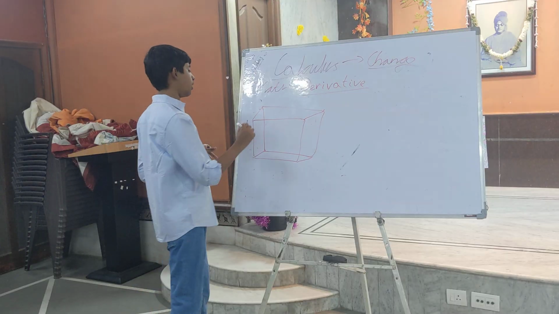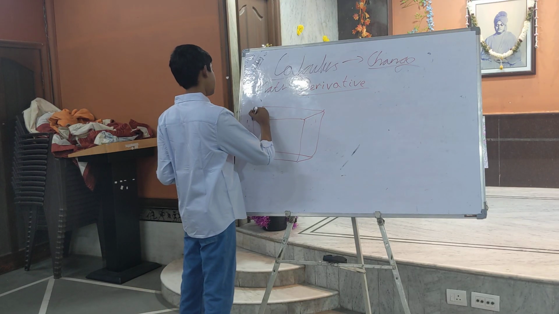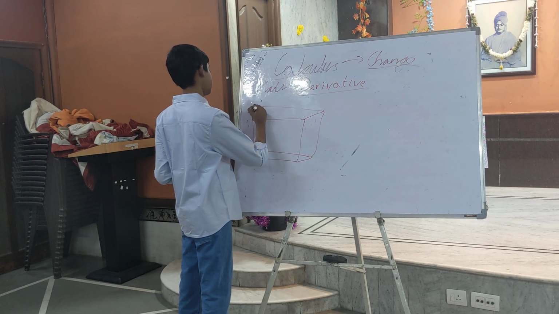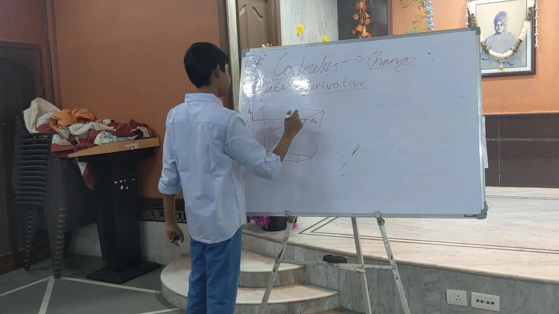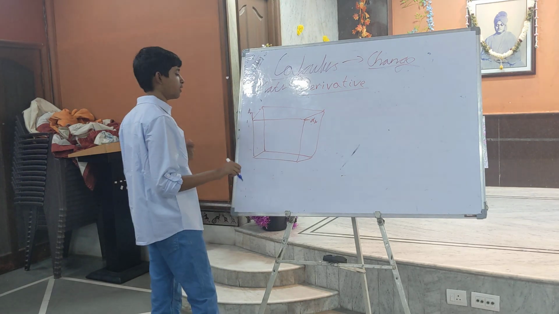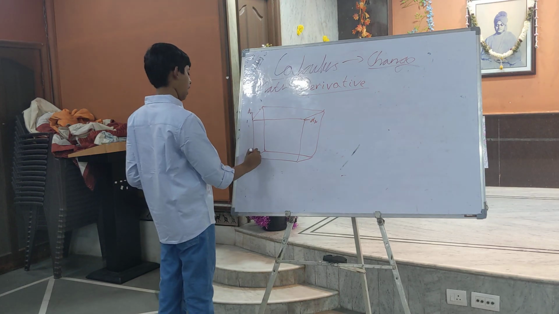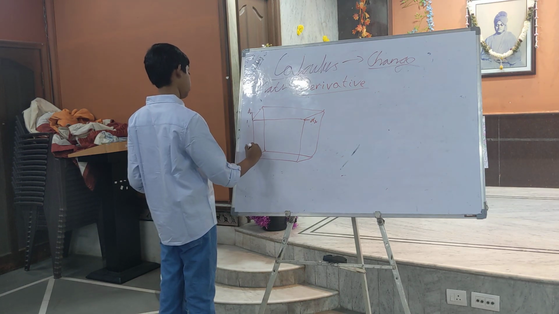Now, the question you have to answer is, if I add some extra dx to the 3 extra open spaces of the cube that you can see, I add some extra dx to make this bigger cube.